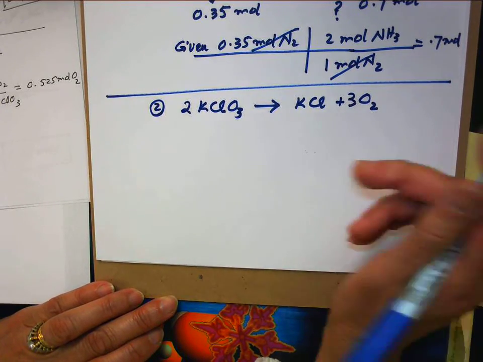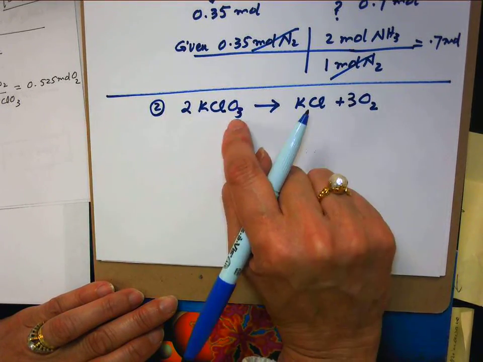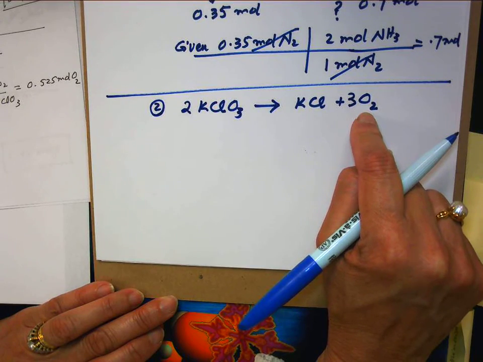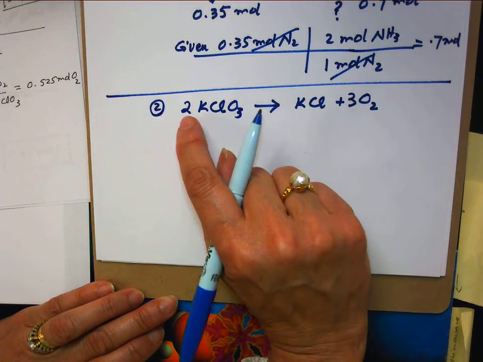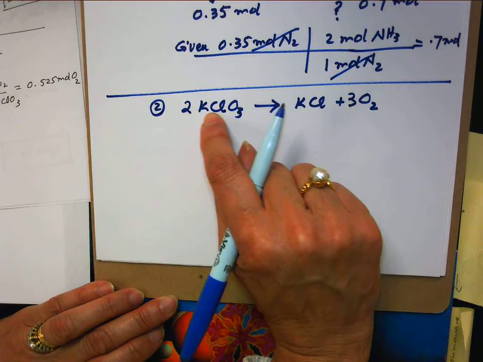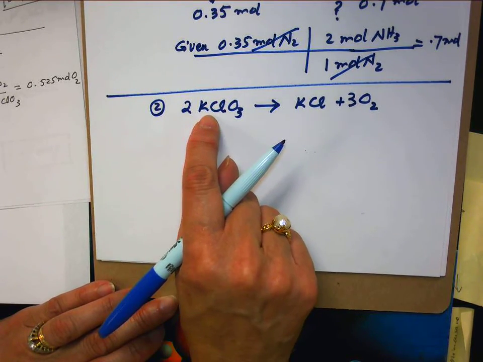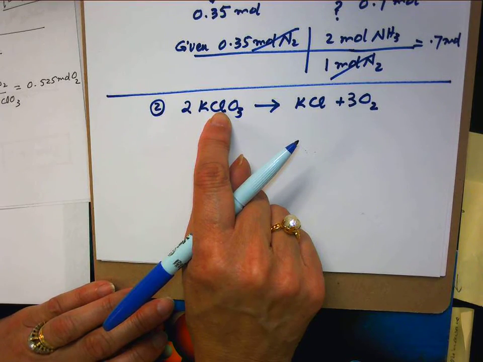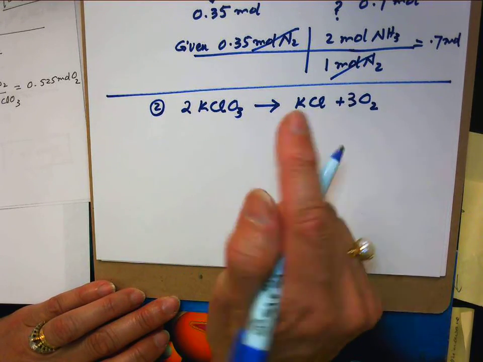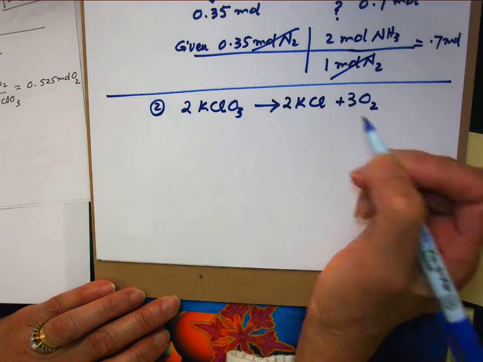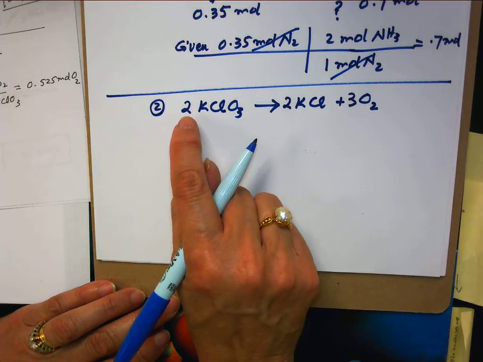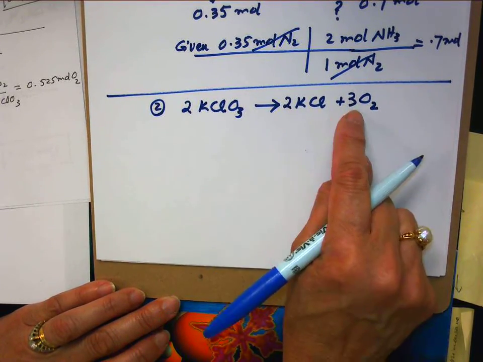All right, so now oxygen becomes 6 here, 6 there. So once you multiply by 2, what's changing? Potassium and chlorine become 2 and 2, right? So where do you put the 2? Right here. So the ratio is 2 to 3.